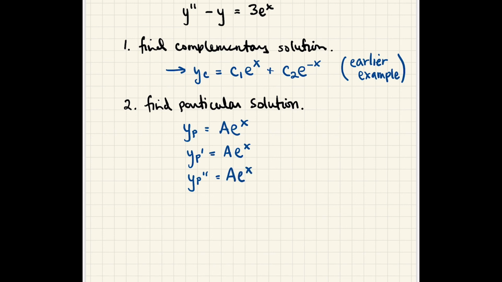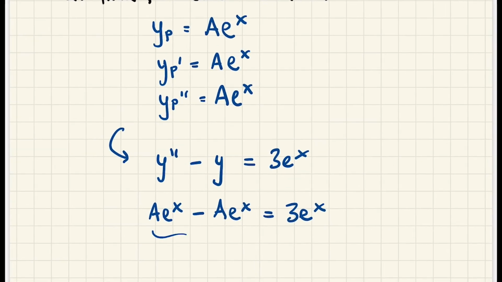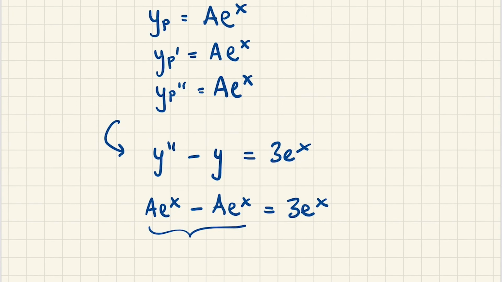Okay, so plugging those into our original differential equation, we get y double prime, a e to the x, minus y prime, a e to the x, is equal to 3e to the x. So simplifying the left side, we get 0 is equal to 3e to the x.